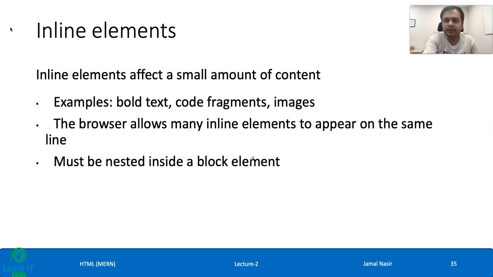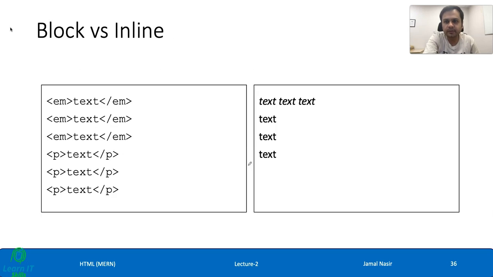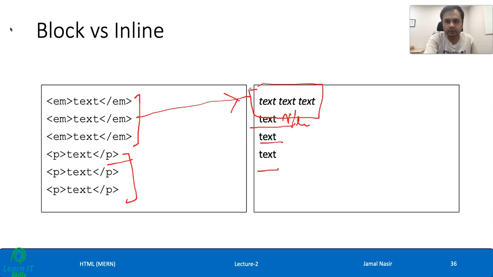Inline elements affect a small amount of content: bold text, code fragments, emphasis, images, and obviously the browser will not add a margin of white space. For this example, you can see this is inline and this is block. For every block, the browser automatically adds a new line and white space. But here, because it's inline, there is no new line.